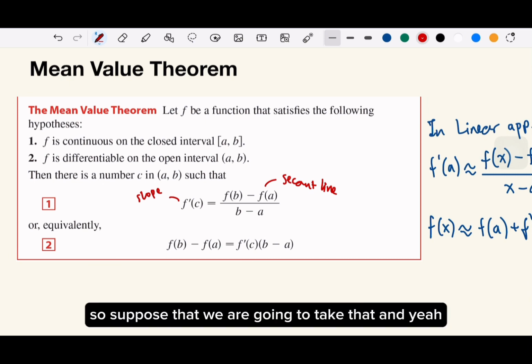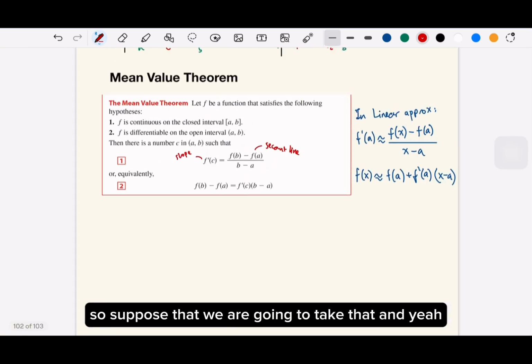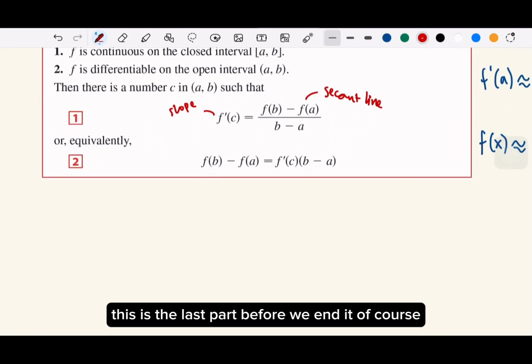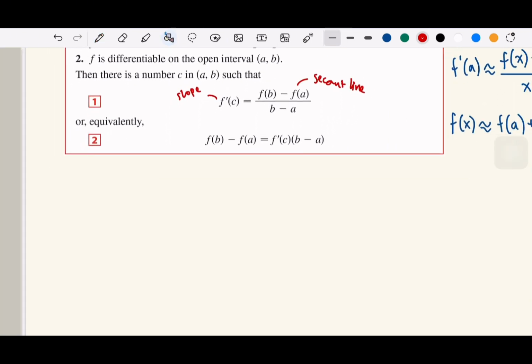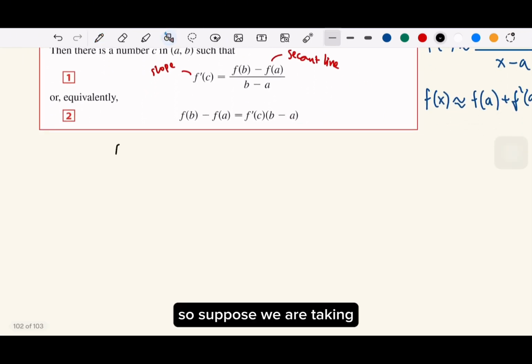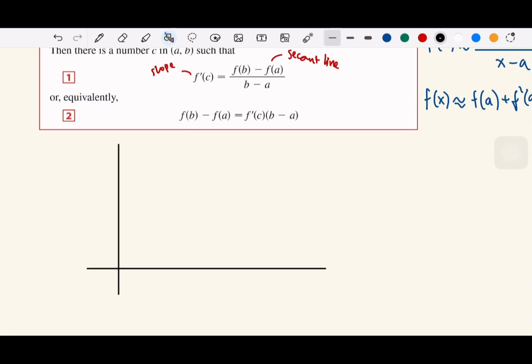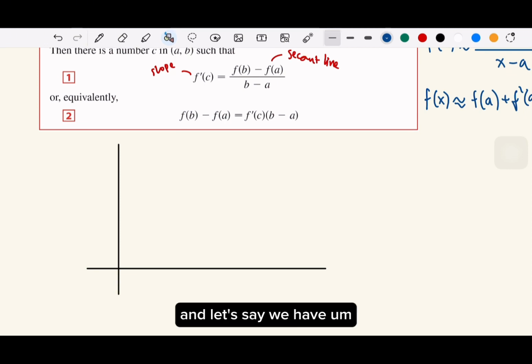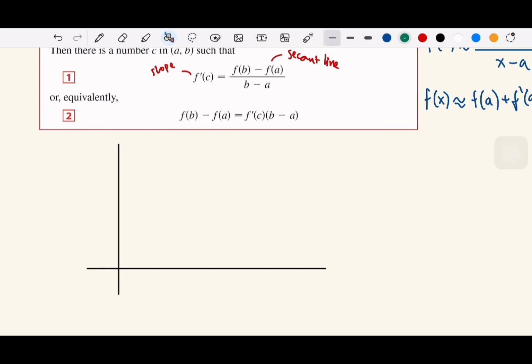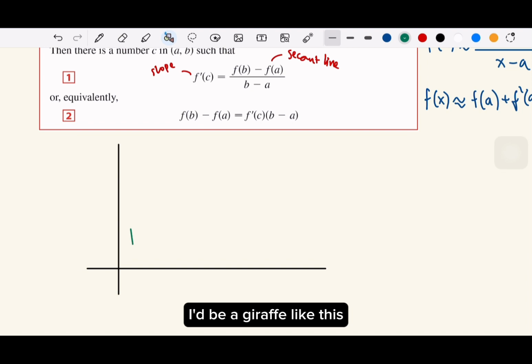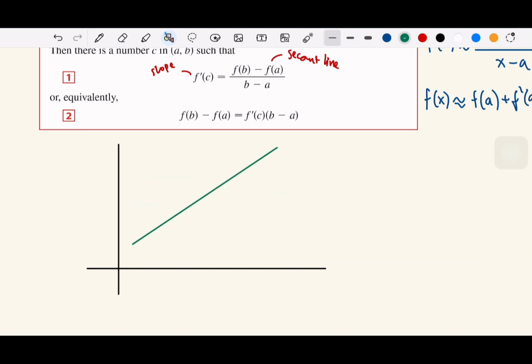So suppose that we are going to take that, and yes, this is the last part before we end the course. So suppose we are taking the graph, and let's say we have maybe a graph like this.